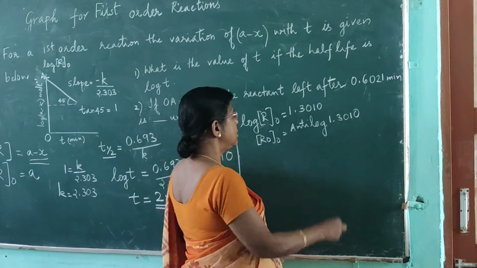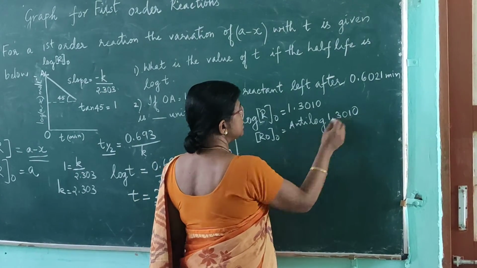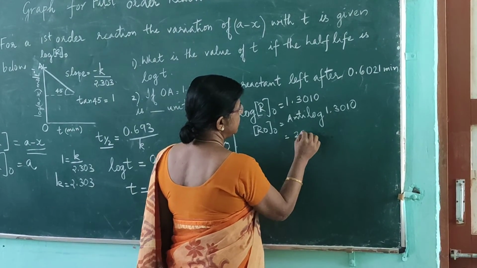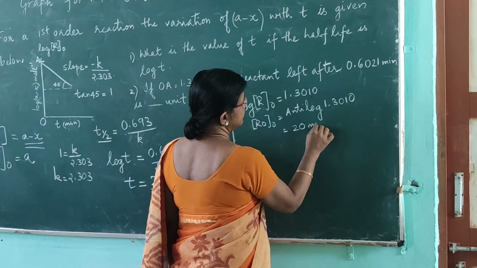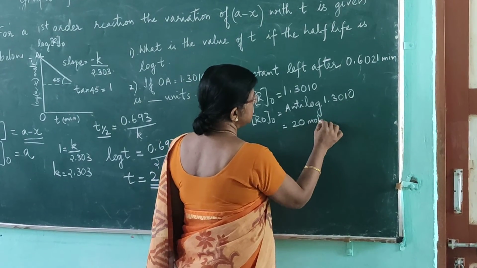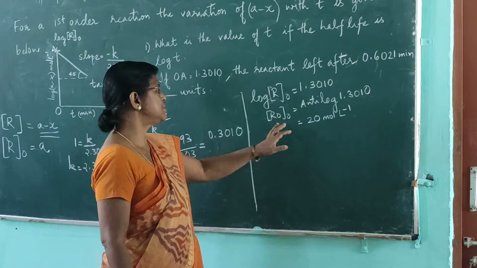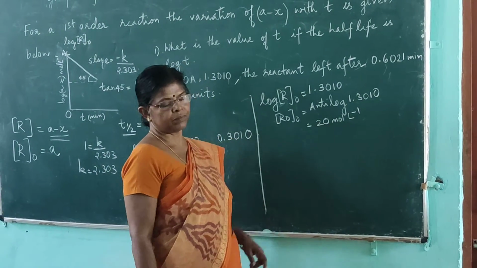So the anti-log of 1.3010 will be equal to 20 mole per liter. So the initial concentration is 20 mole per liter.